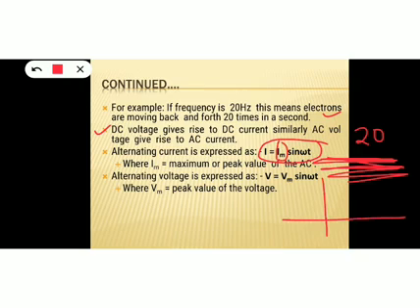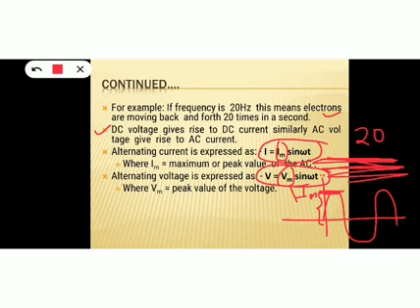So if you represent AC current like this, this will be the peak value of AC current, and this distance from origin to that point can be considered as Im. Okay, now alternating voltage in AC is expressed as V equal to Vm sin omega t, where Vm is the amplitude of that wave and Vm means the peak value of voltage or maximum value of voltage.